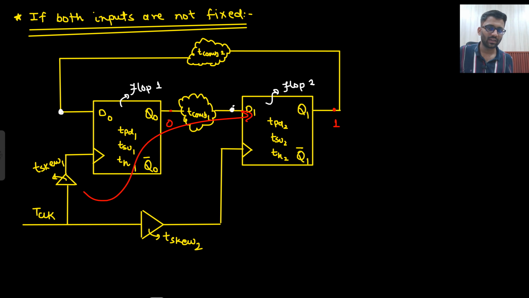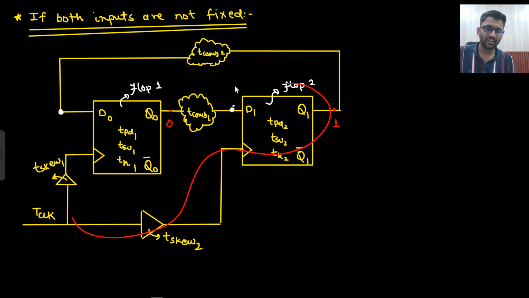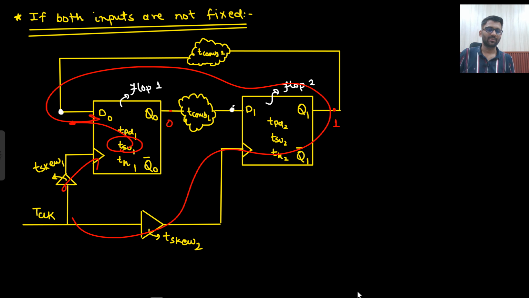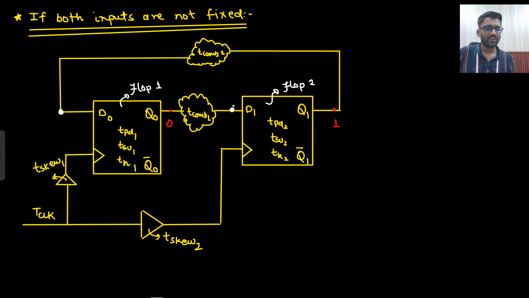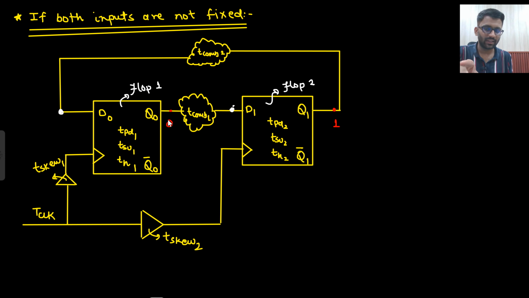That's it. And if I am going from flop 2 to flop 1, then what I will do? I will take all the delays, see the setup margin, and just subtract the skew of this particular clock. So that I am going to do. So this has been derived, and you can check as well. But the condition you need to take, that initial condition you assume 0 and here you assume 1.